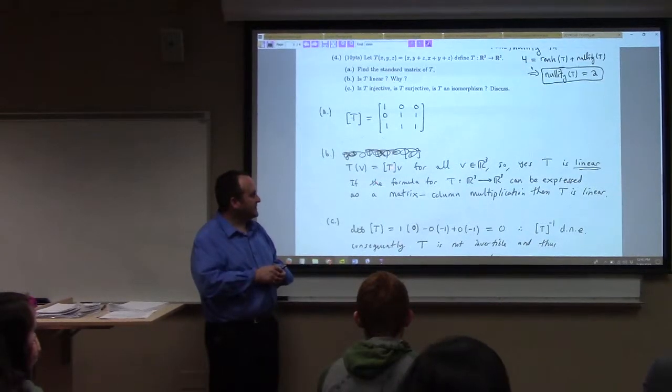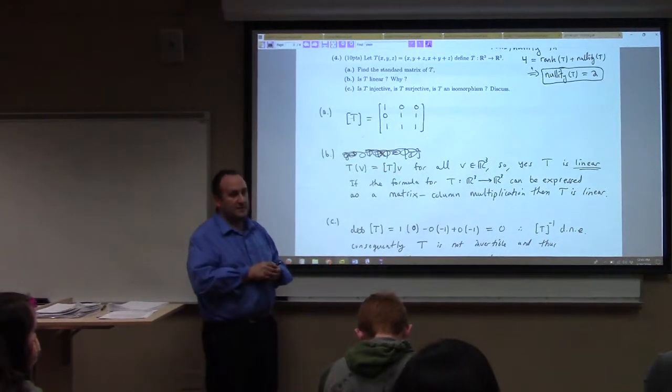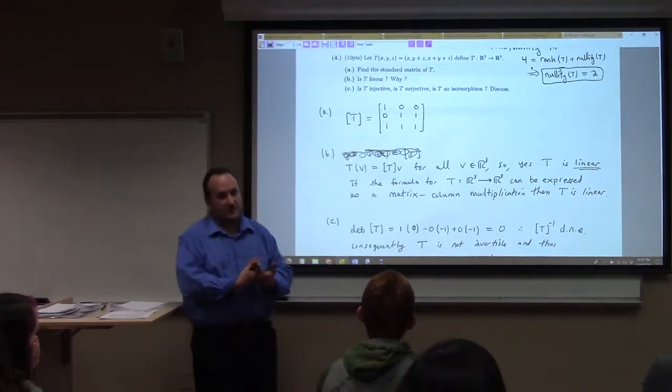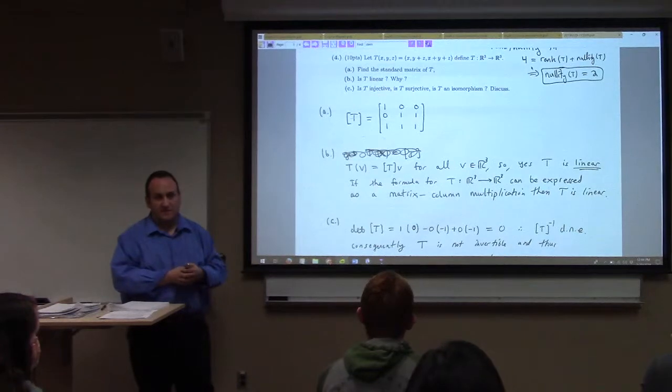If T is linear, there exists a standard matrix for it, and the formula for the linear transformation is given by the standard matrix times v. I'm talking, of course, about the context of column vectors. In an abstract vector space, we have to filter through the notion of coordinates as discussed in the previous problem.